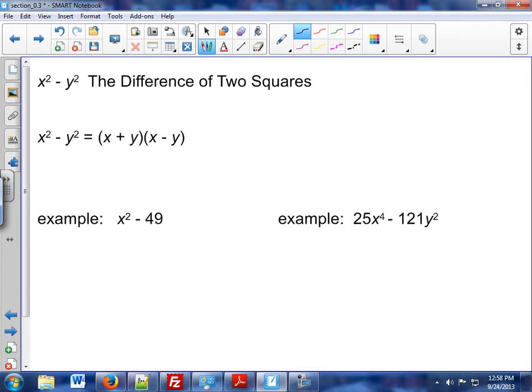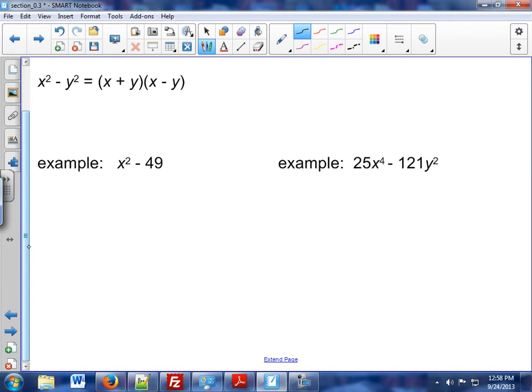Okay, now the first example right here. Remember, is this a perfect square? Yes. This one is a perfect square. It is a minus. That's the key. You go ahead and you put your signs down, plus minus. 7 times 7 is 49. This one over here, I just added a number in front, but remember, perfect square, yes.